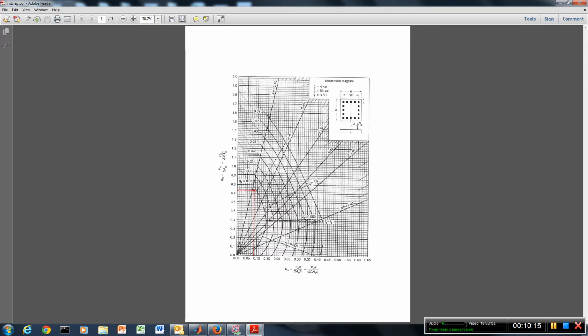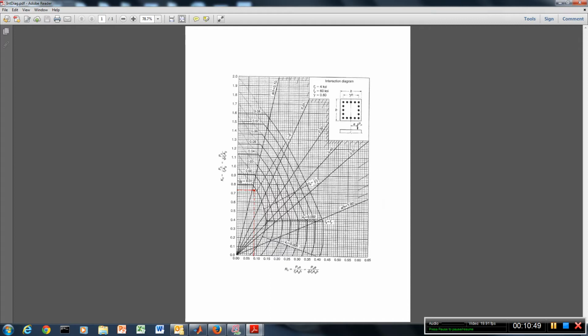Now, once we have made that choice, we come to this chart and we have 0.736 over here, and we have 0.084 down here, and where those two values intersect on the interaction diagram is right here at this red dot, and you can see that it is within or below the boundary here for rho G equal to 0.01.